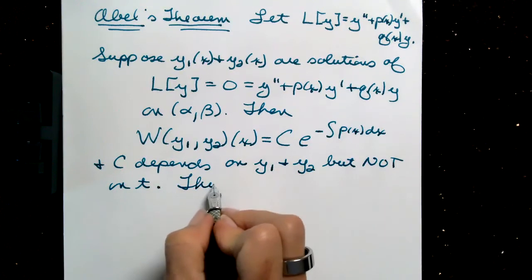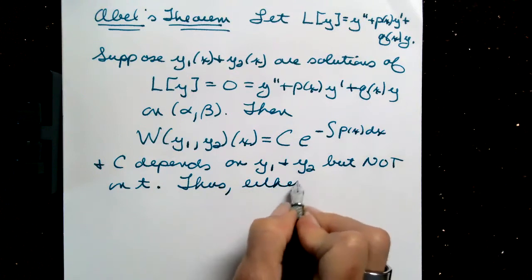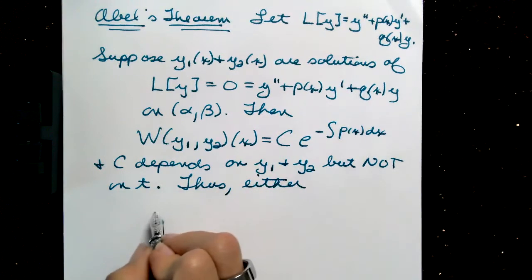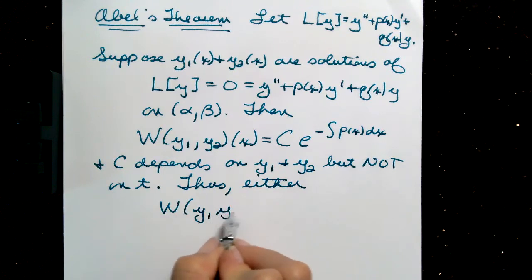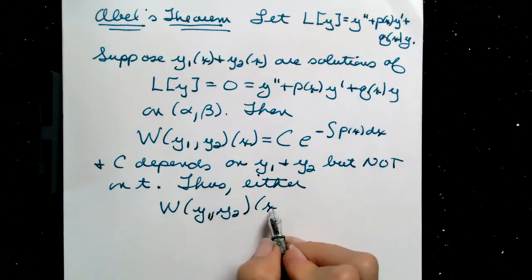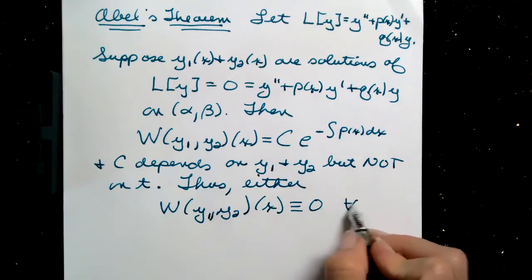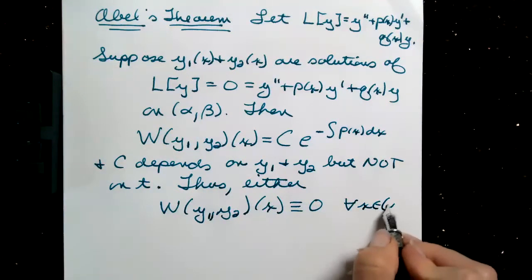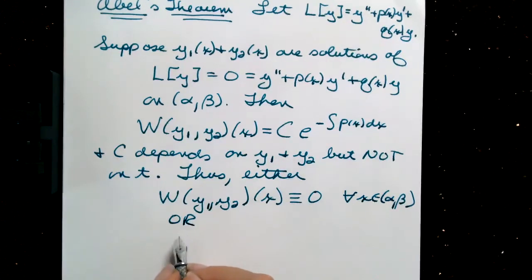Thus, either one of two things happens. Either the Wronskian of y1 and y2 at x is identically equal to 0 for all x in the interval from alpha to beta, or the Wronskian is never equal to 0 on that interval.